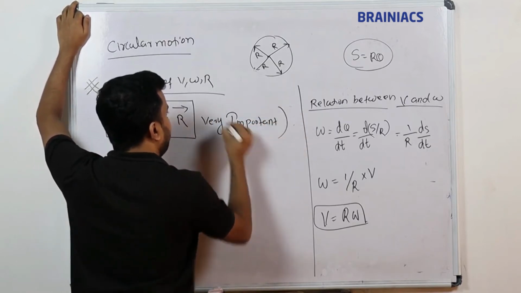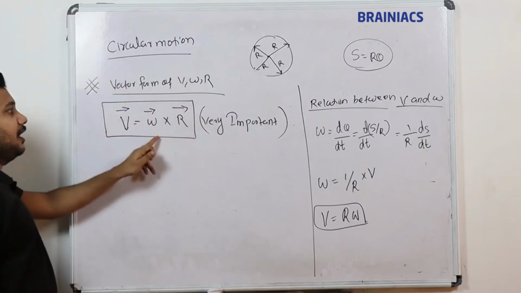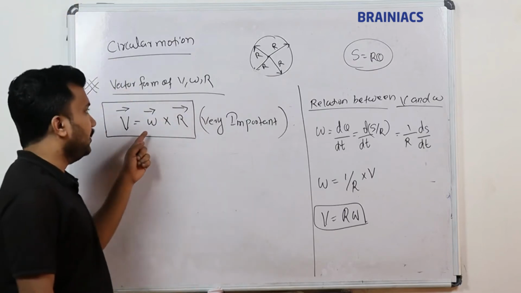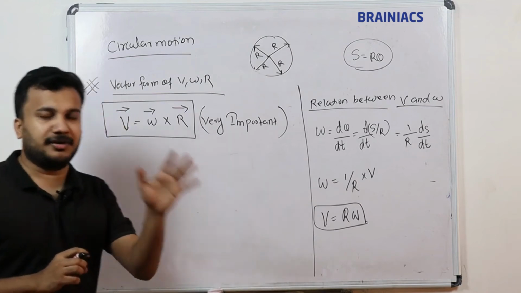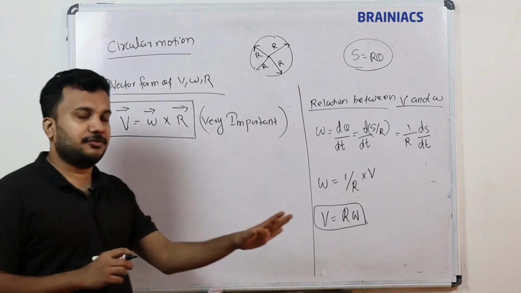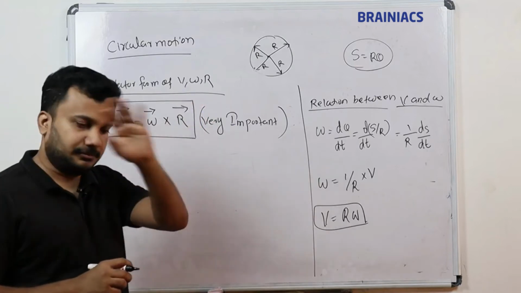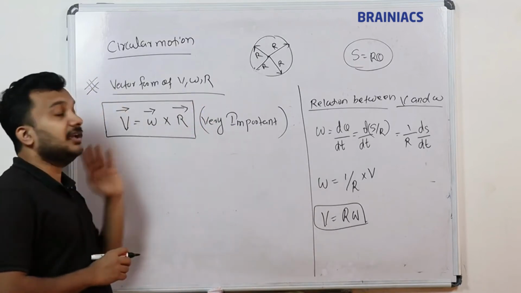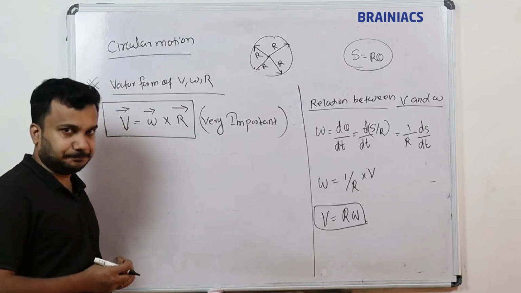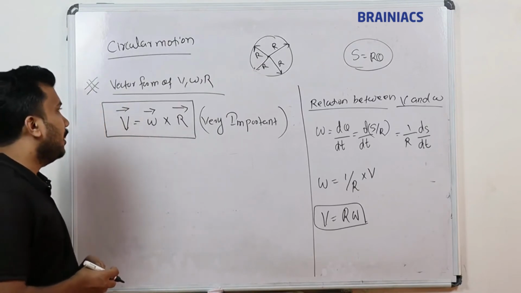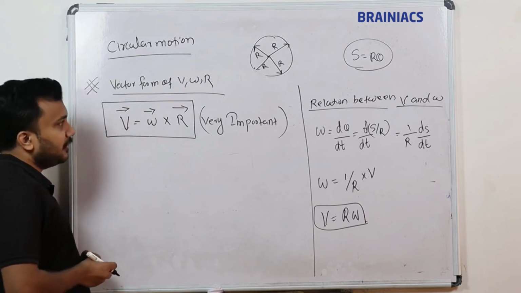Remember this always. It is not r cross omega; v equals omega cross r. This is highly important, whether you are going to write NEET or JEE, both examinations. How to find omega cross r?